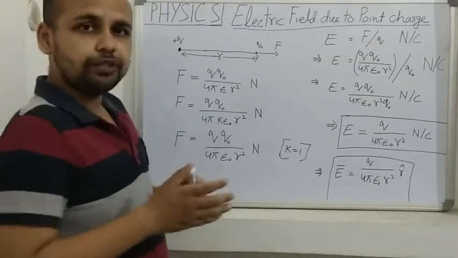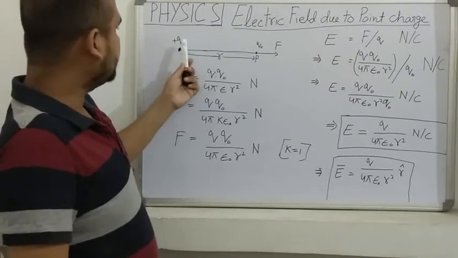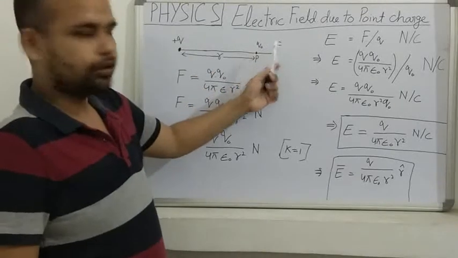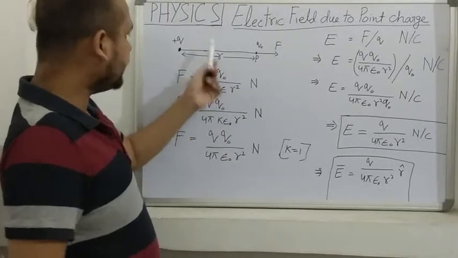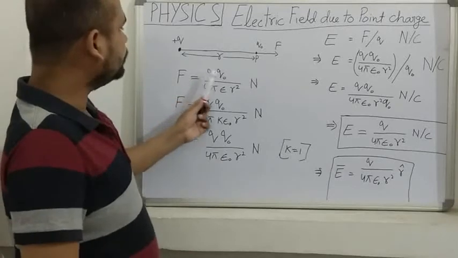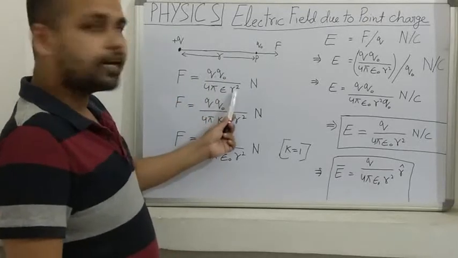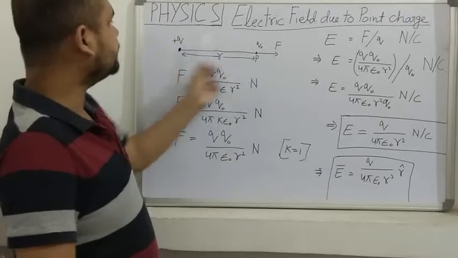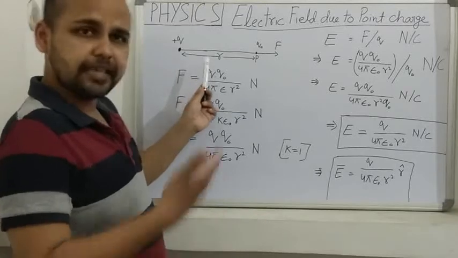First of all, we are going to find the electrostatic force acting between plus Q and Q naught. So according to Coulomb's law, we will apply the formula and we will find the force. So force F will be equal to Q into Q naught upon 4 pi epsilon R square, because the medium which we have taken can be considered as any medium.